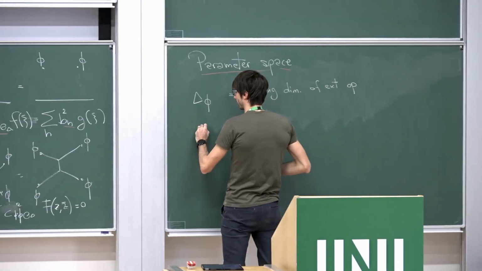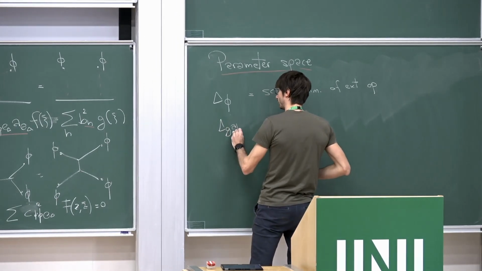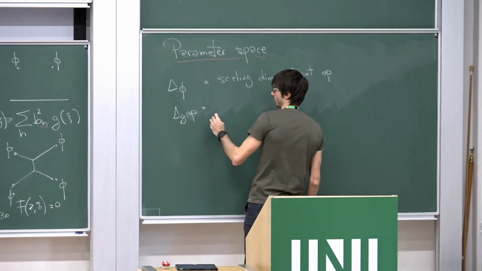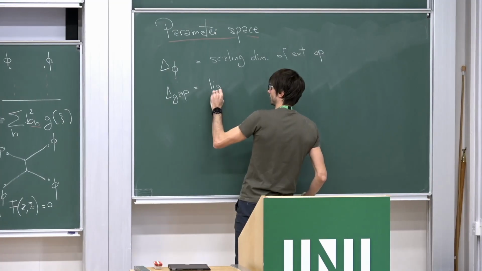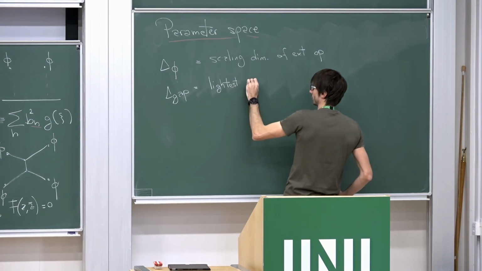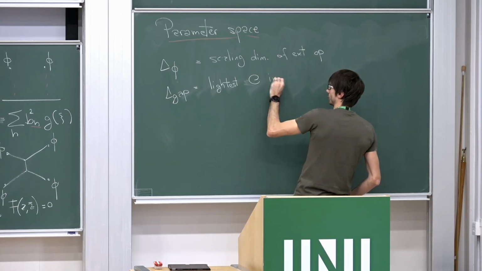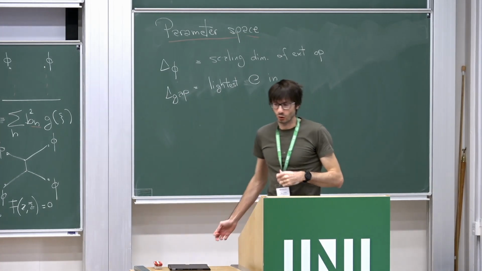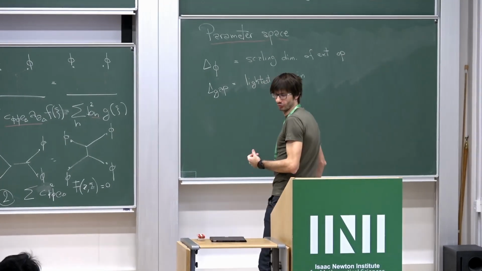And then there's gaps. So delta gap is going to denote the scaling dimension of the lightest operator whose one-point function doesn't vanish.